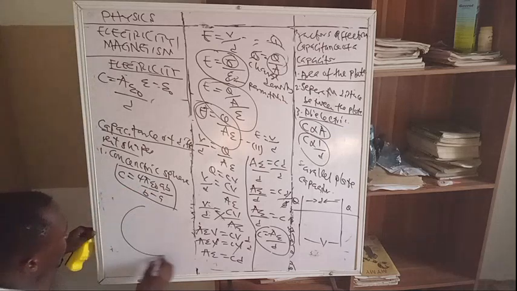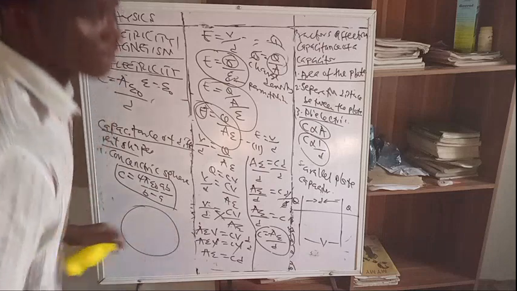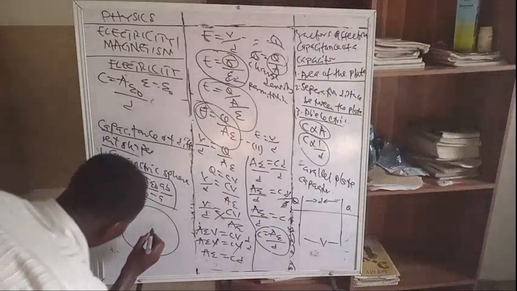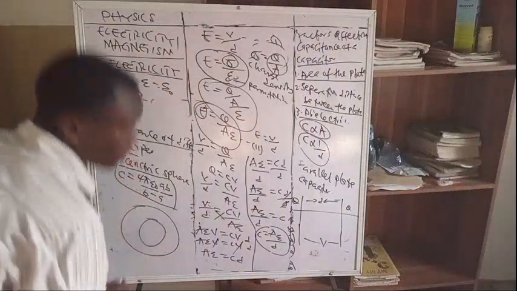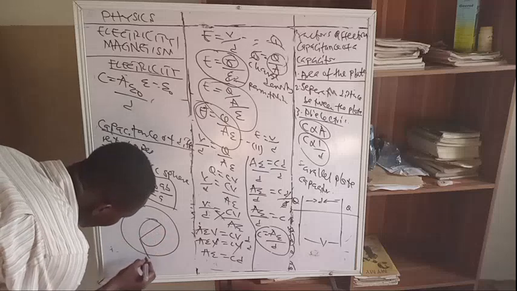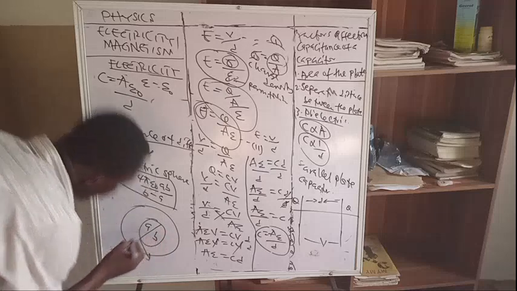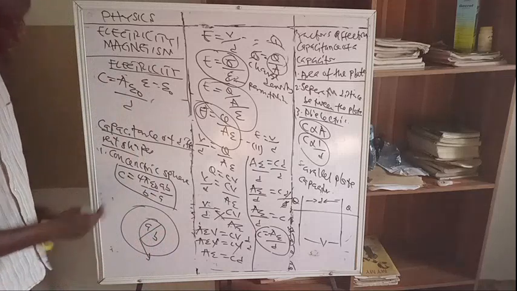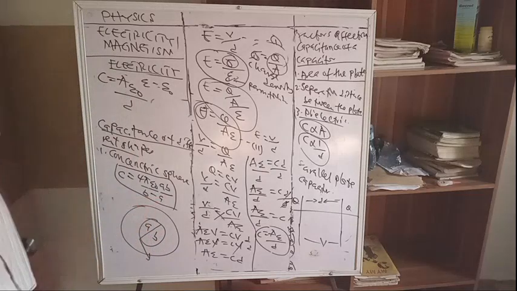I'll give us the exact diagram of what a concentric sphere is like. So you have A here and you have B. This is what we call a concentric sphere. So to determine the capacitance, use 4 pi E naught AB over B minus A.